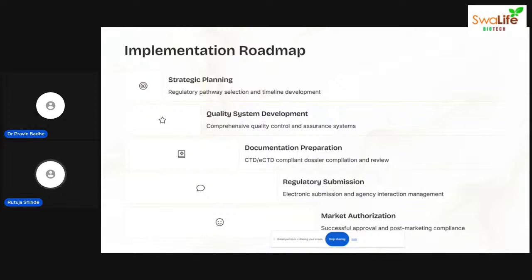Then documentation preparation: CTD and eCTD compliant dossier compilation and review. Then regulatory submission: electronic submission and agency interaction management. And finally, the process concludes with market authorization and ongoing compliance. A stepwise structured approach is the best way to ensure success.